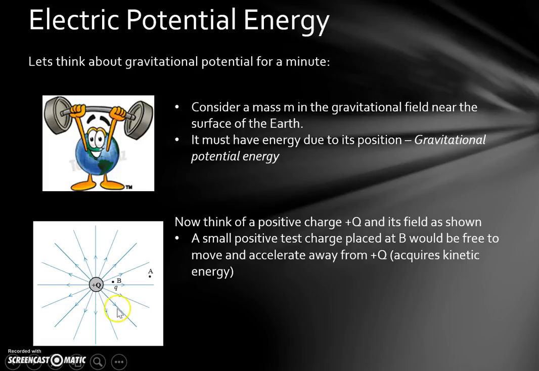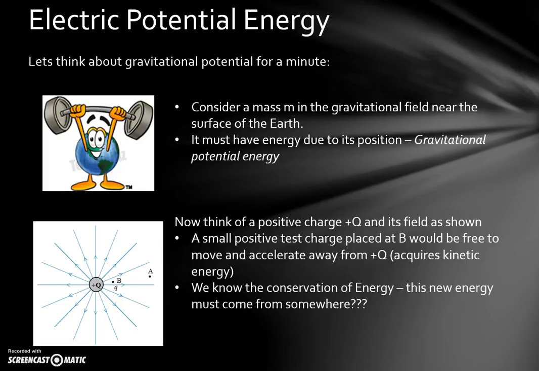But if it's positive, we know that it's going to start accelerating in the direction of the field lines, which is away from Q. Now, if it's accelerating, we know that it has to acquire kinetic energy because it's moving. And we know the conservation of energy, that it can't be created or destroyed, it has to come from somewhere. But where does this energy actually come from?